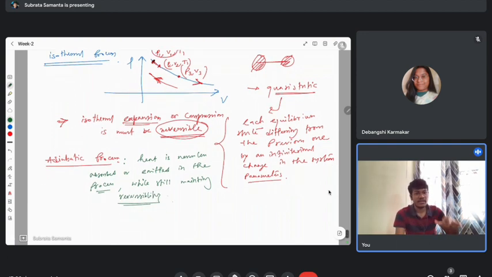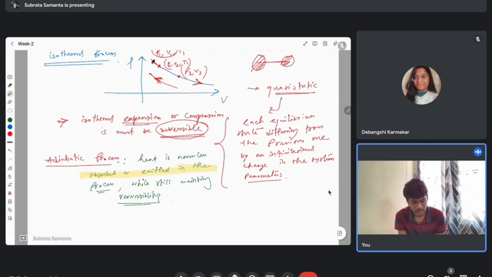Let's say you compress the gas by the piston. If there is no friction, and you slowly push down the piston, then the process is reversible. But if you suddenly drop the piston, then it produces some shock waves, and due to the shock waves they generate some heat. So this is an irreversible process.